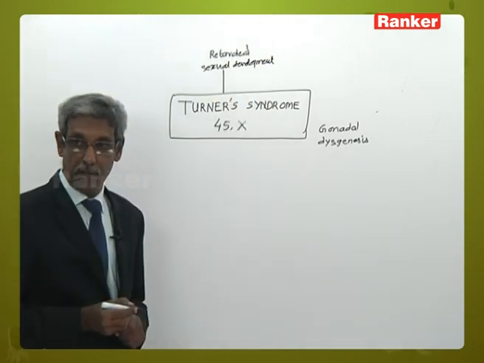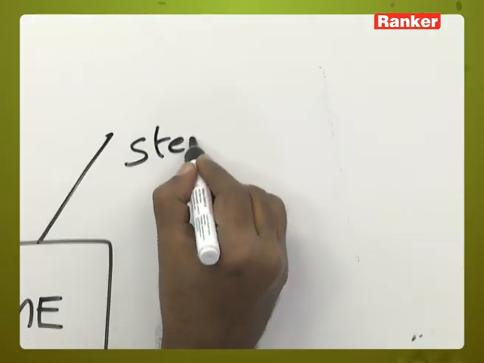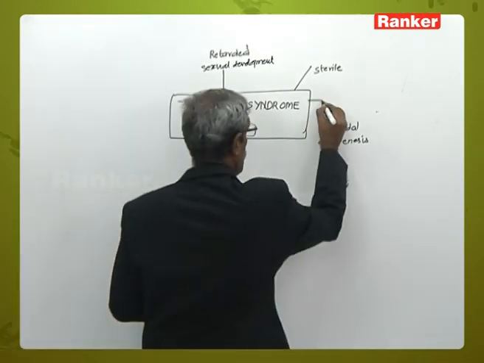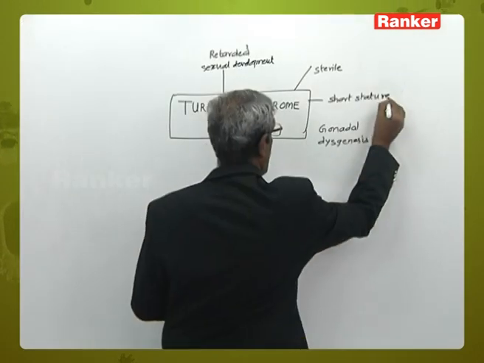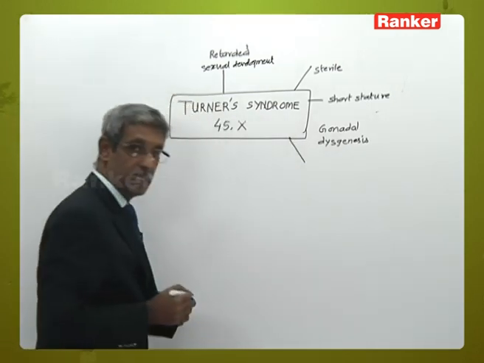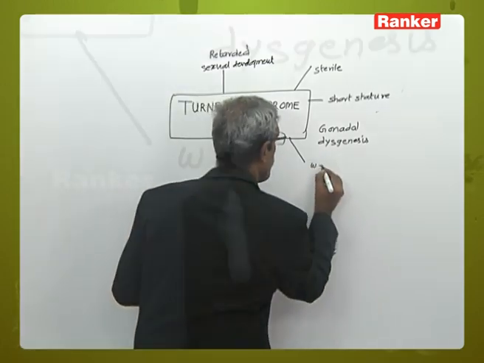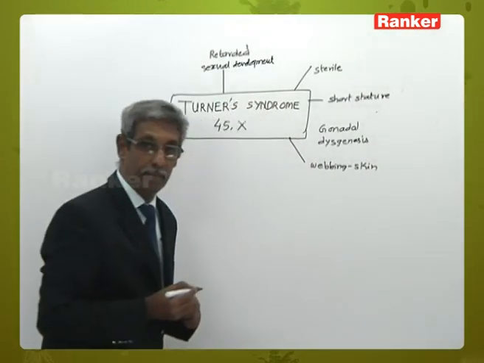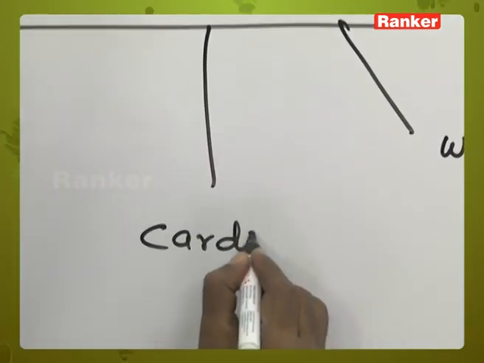The individual is sterile. They show a short stature. A very important diagnostic feature is the webbing of the skin in the neck region, and it is followed also by cardiovascular abnormalities.